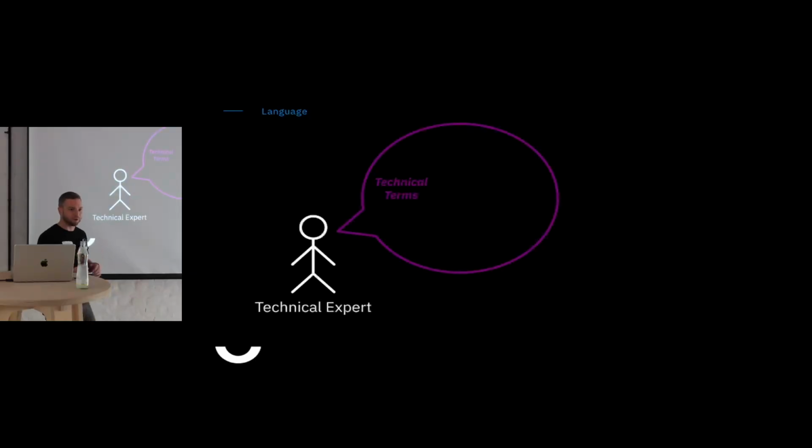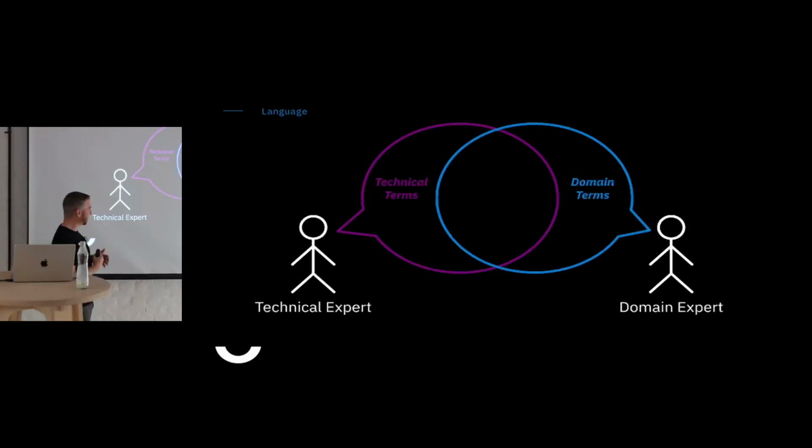All right. So let's focus a little bit on the language that we use. We as technical experts usually use complicated technical terms. We love them because they sound very intelligent and very awesome. But there is a second group of people, I would say.